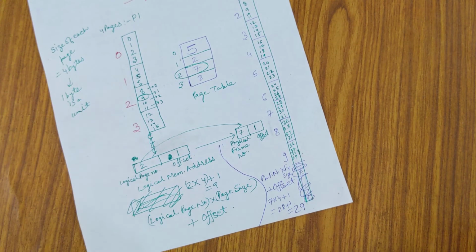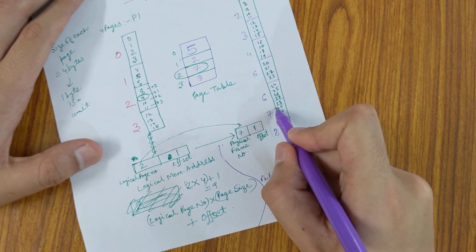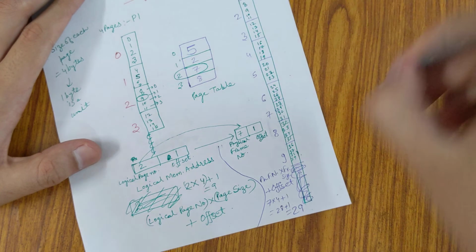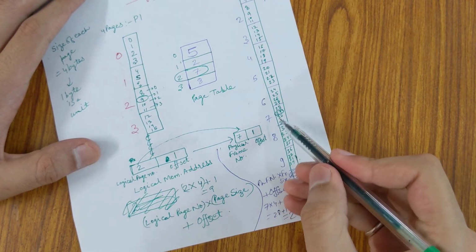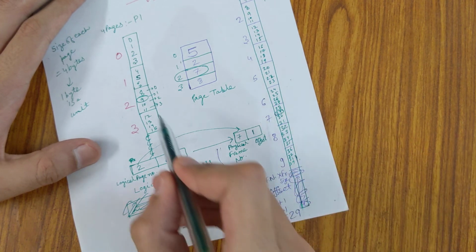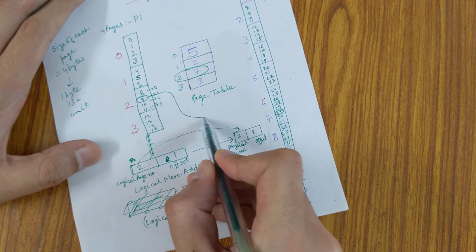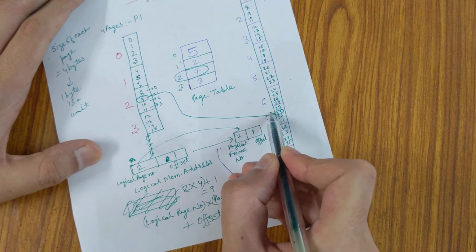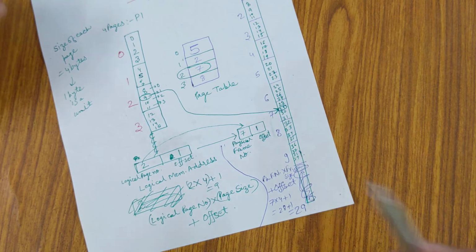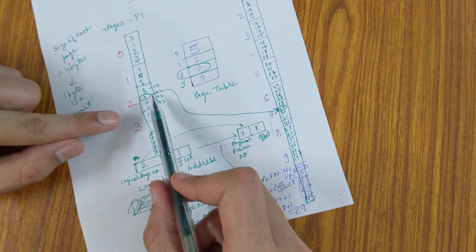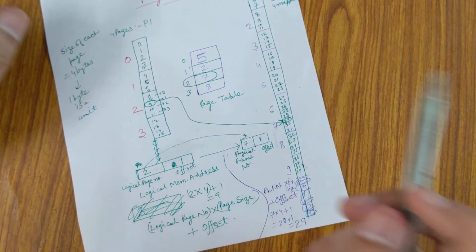Cool. So we can find it somewhere here. I'll mark it somewhere here. Got it? This one. So this particular logical address is mapped to this particular physical address. In this way we can find the mapping of any logical address to any physical address using this page table.